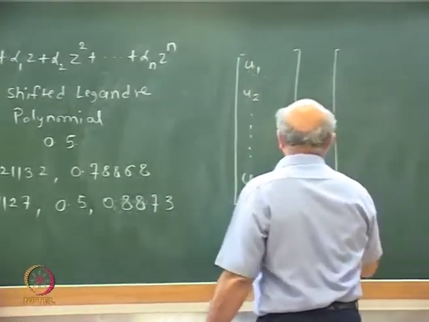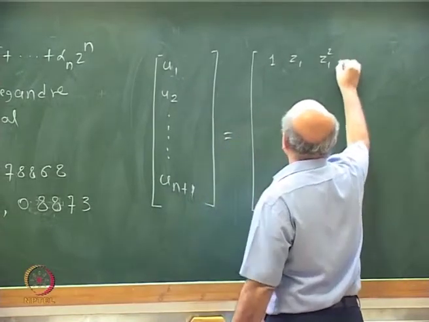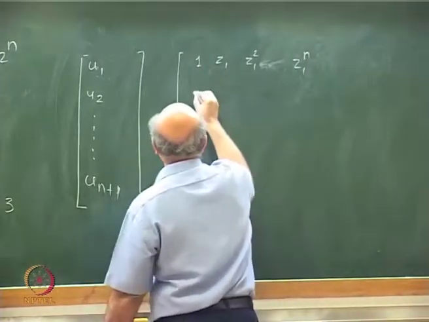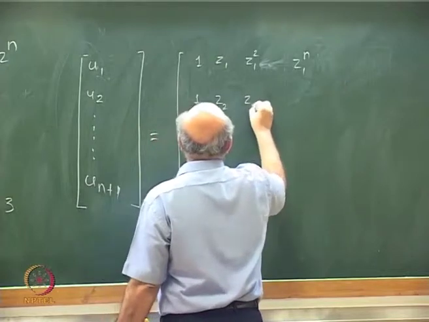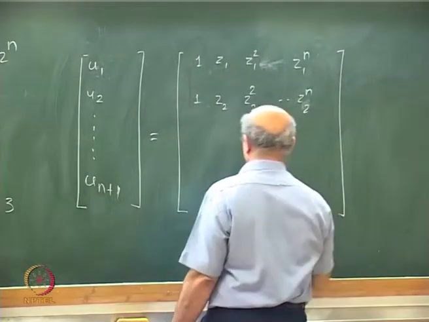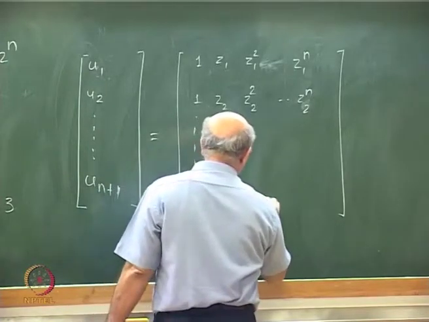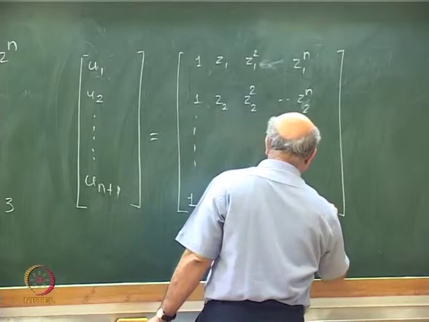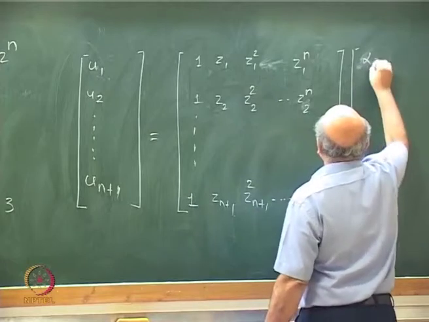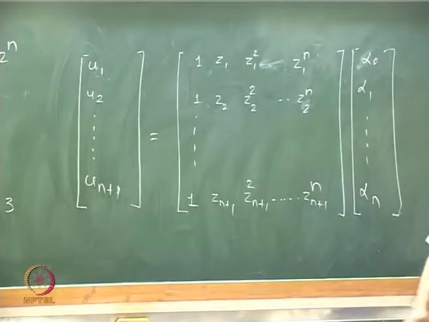Then this will be 1, z1, z1 square up to z1 raised to n; 1, z2, z2 square up to z2 raised to n, and so on, and the last row 1, zn plus 1, and so on, times alpha 0, alpha 1 up to alpha n. I wrote it in this form.